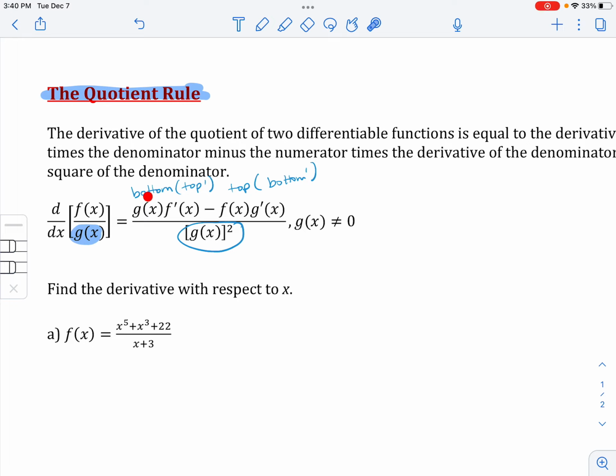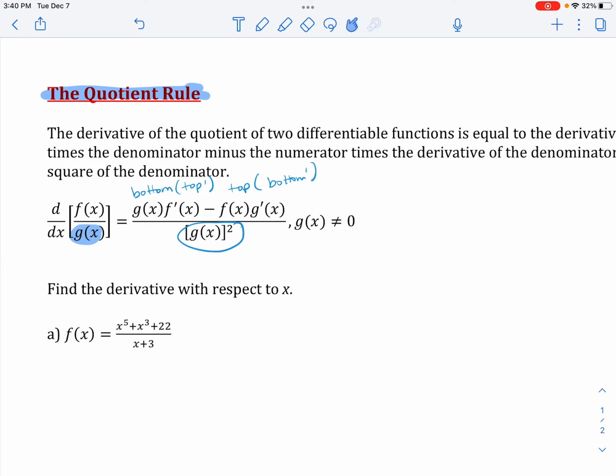Bottom, keep it the same, derivative of the top. Then switch, keep the top one the same, take the derivative of the bottom one. So this is g of x, this is f of x. We could use that notation if we really wanted to, but I'm just going to remember bottom top.